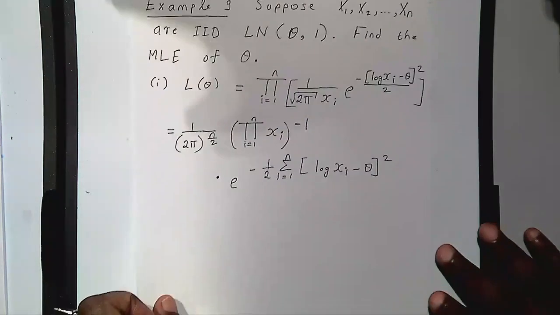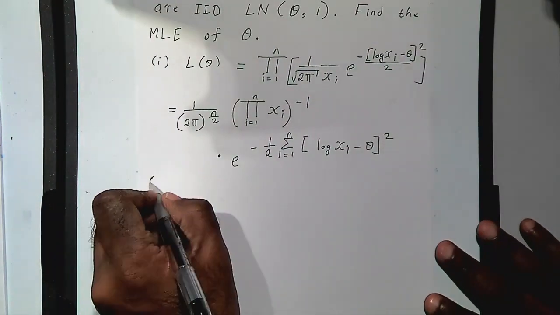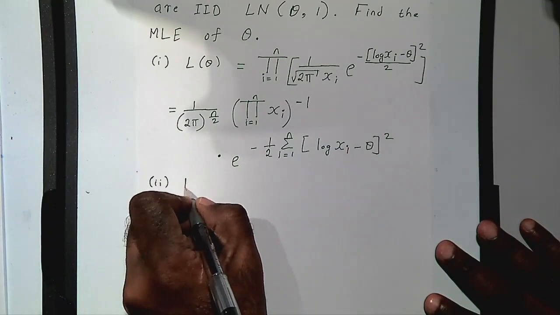That's step 1. Step 2 is to take the log likelihood.